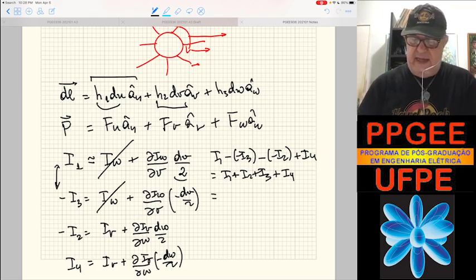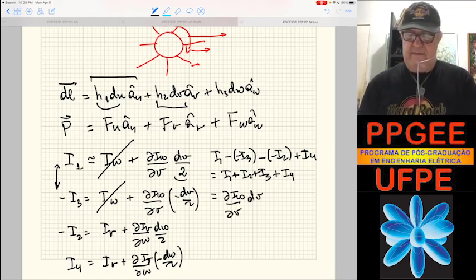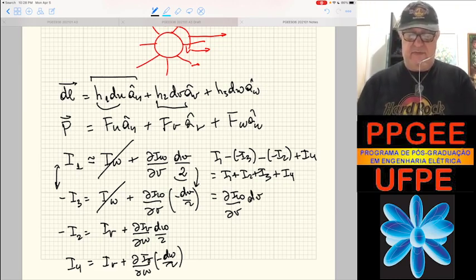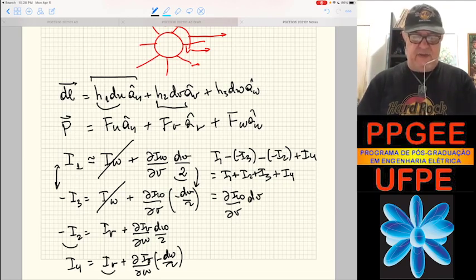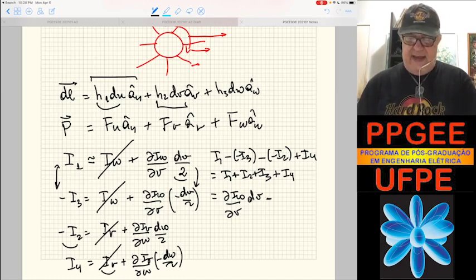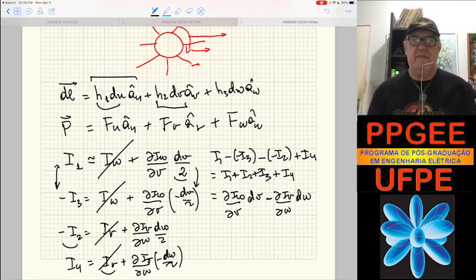So this is going to be dIW/dV times dV, which is the difference between these two, plus I4 minus I2. So you cancel this, and you're going to have minus dIV/dW. So that's what we have.